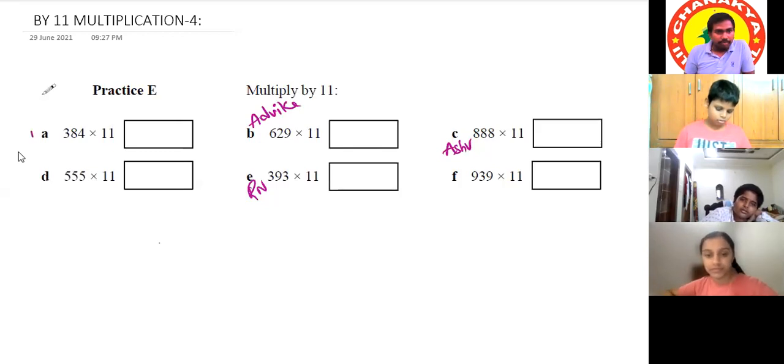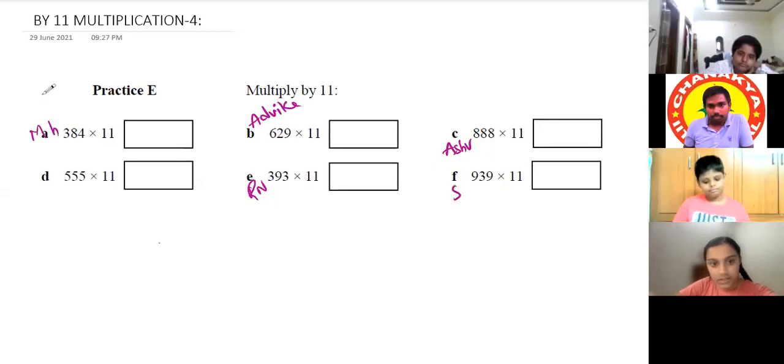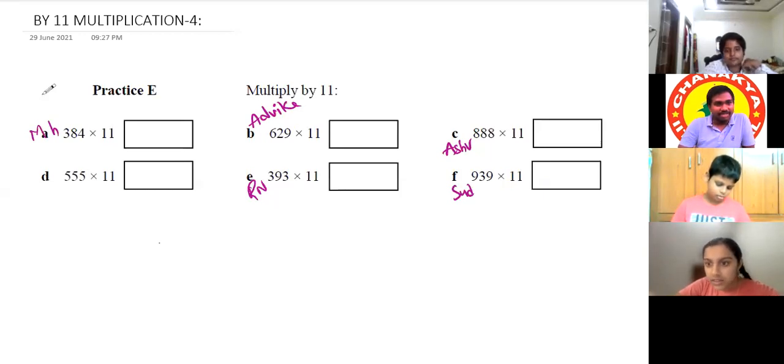A Mahavir. C Yatharth. C is already over. F Sudisha. Shobhranav, question number is not given. D Satvika. That's all.